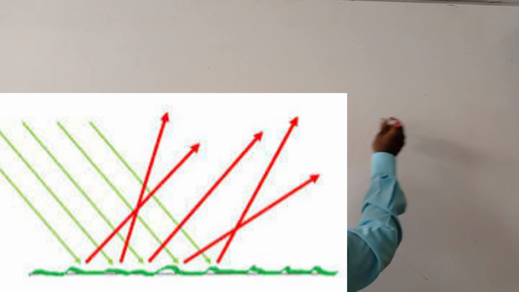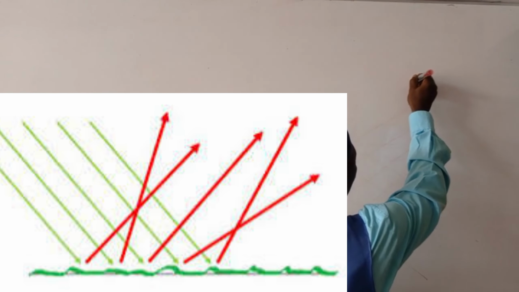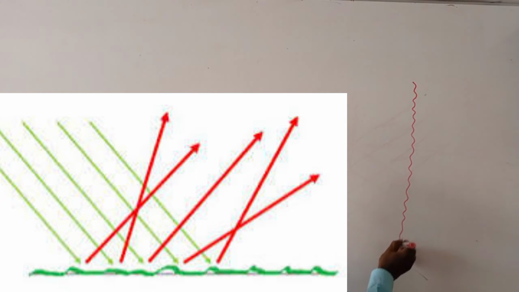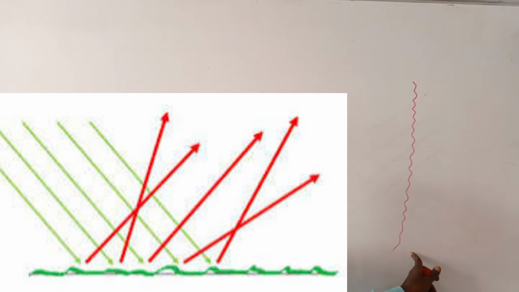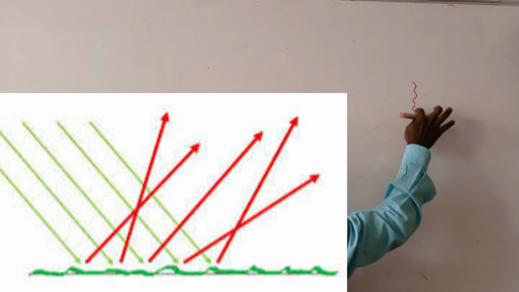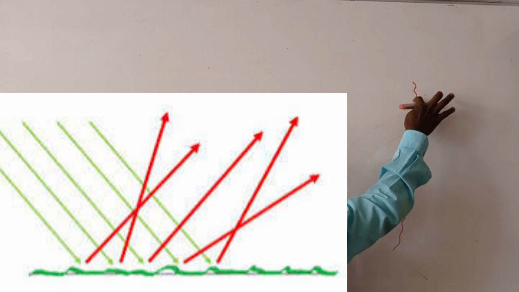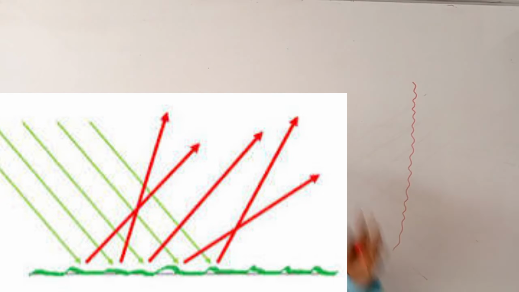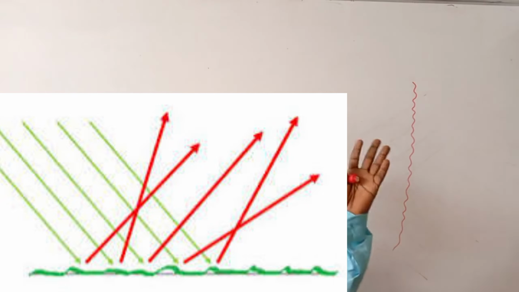For instance, you have this surface here, and you put your torch on it with ray of light, so automatically some rays will fall on this top, while some will fall at what? Inside. In that case, the angle of incidence will not be equal, despite the fact that the rays are parallel.